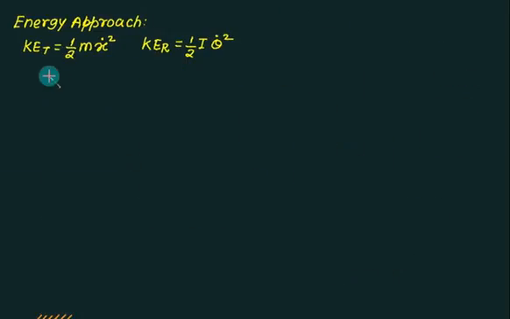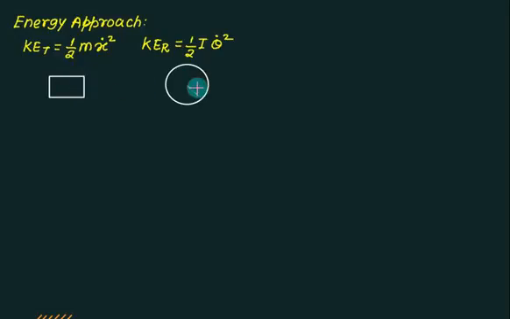So we have a mass here. So this mass possesses kinetic energy of translation. And if we have a disk, or a solid disk or thin disk, then it will possess kinetic energy of rotation. So whenever you find disk, it will be kinetic energy of rotational. When you find mass, we have kinetic energy of translational.